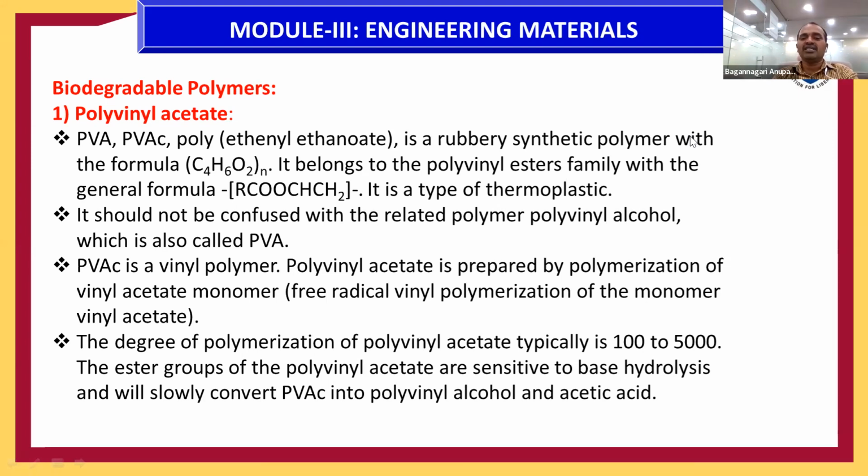The degree of polymerization of polyvinyl acetate is typically 100 to 5000. Degree of polymerization means how many repeated linkings of vinyl acetate units are there.